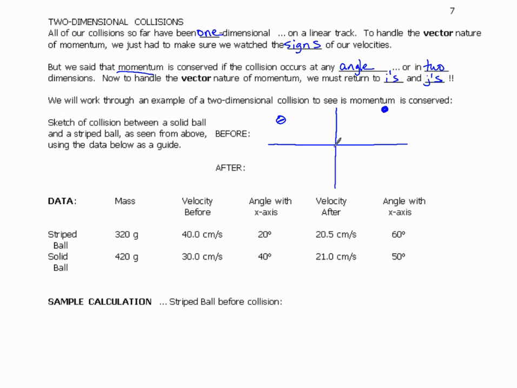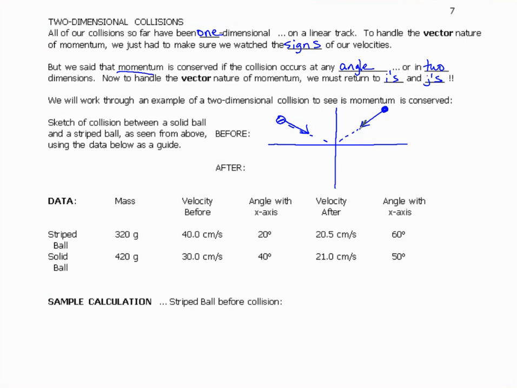And they are going to come together and collide right here at the origin. So let's try this again. Here's the original velocity of this ball. And we have this ball. And we're using this data down below.